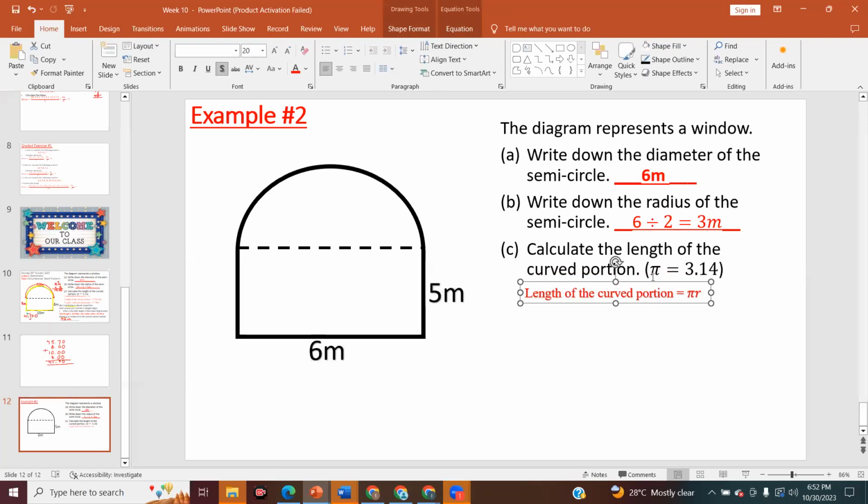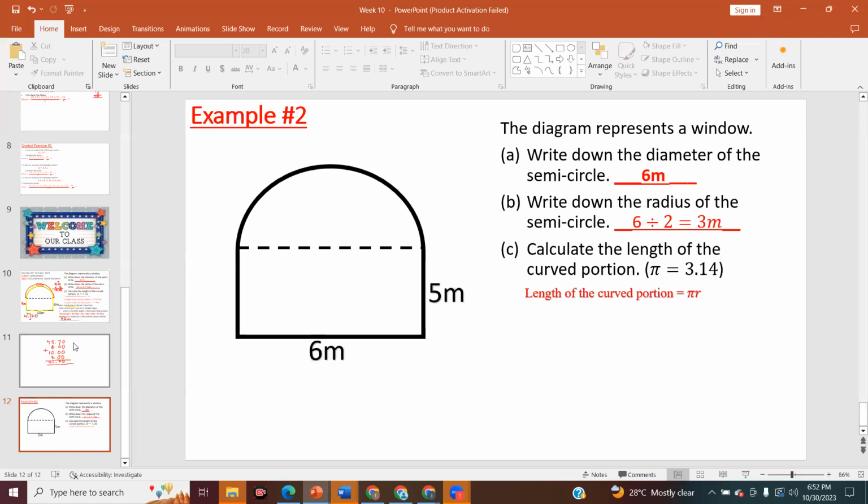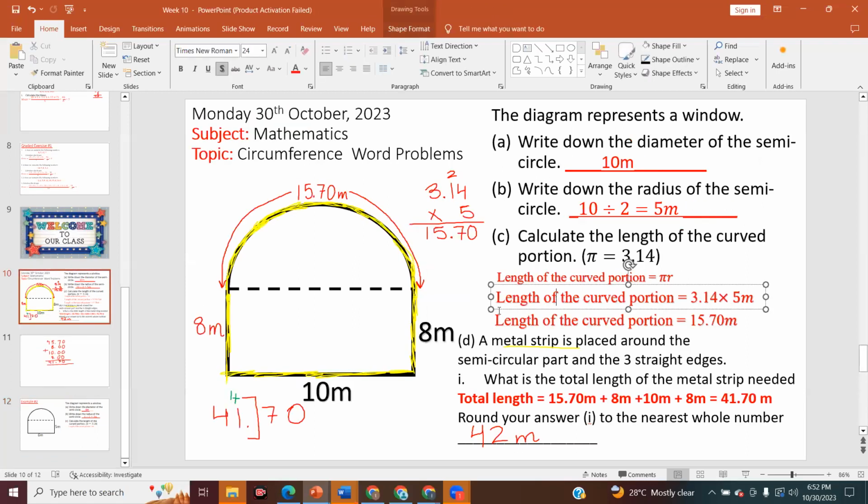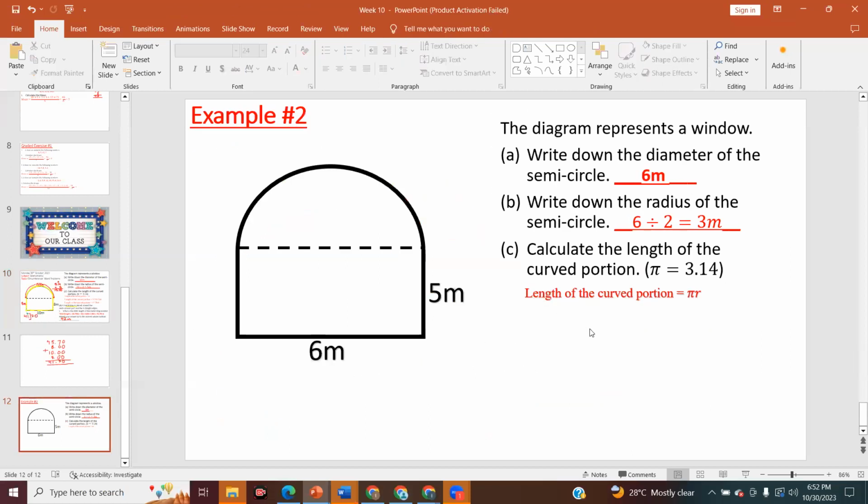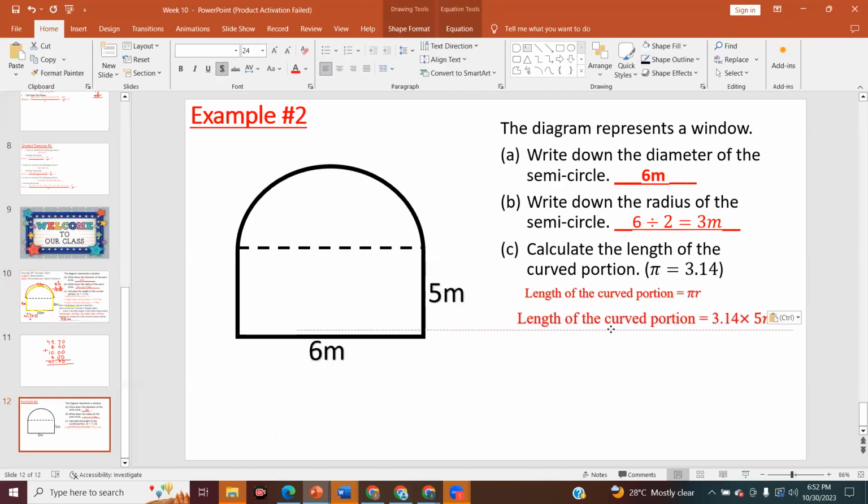Put your answer inside the chat, please. What is the length of the curve portion? I didn't say tell me, I say put it inside the chat. 3.14 multiplied by what? We know it's going to be multiplied by the radius. In this case, the radius is 3, not 6.